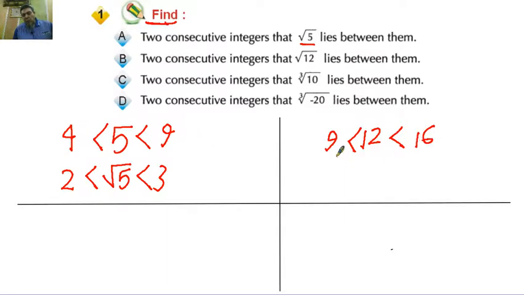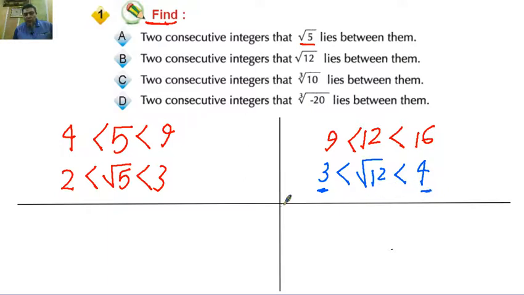By taking the square root of all three sides, square root of 9 equals 3, square root of 12 stays as it is, and square root of 16 equals 4. Then the square root of 12 is between the integers 3 and 4.